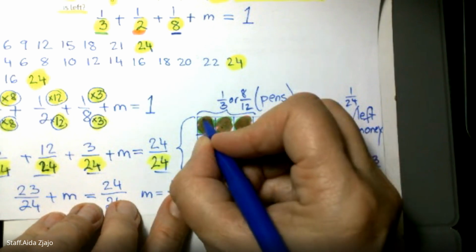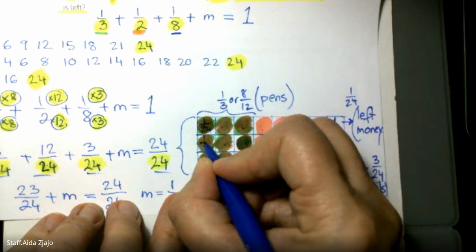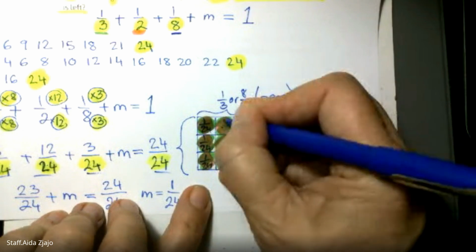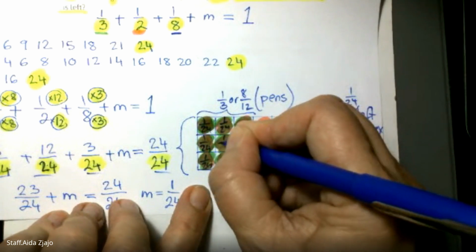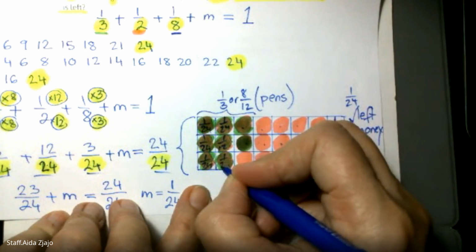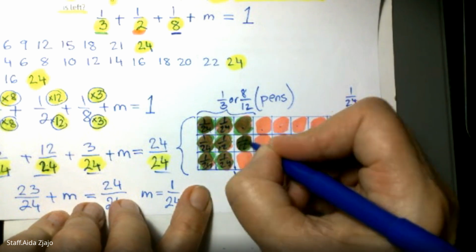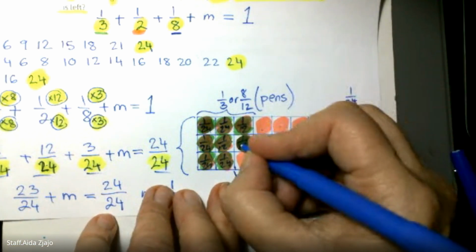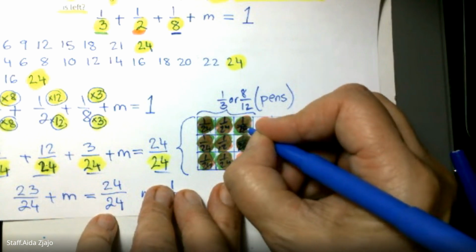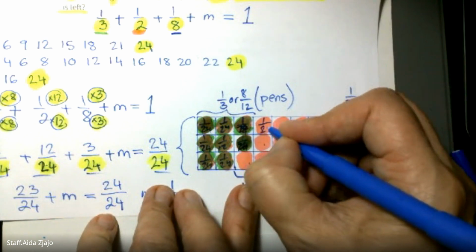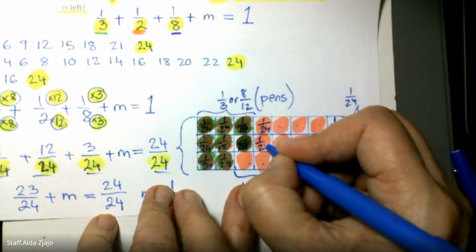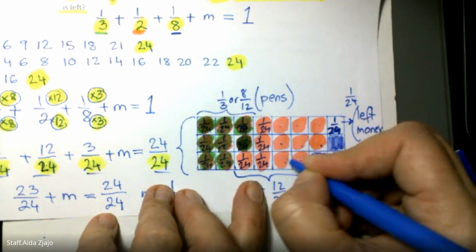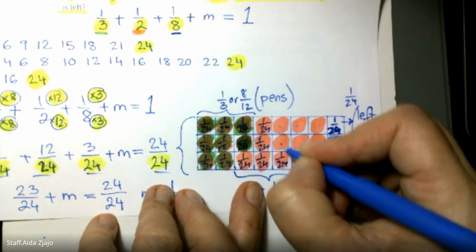Each piece is 1/24. I kept writing 12 instead of 24. When I'm trying to be quick, it's so easy to make mistakes, guys.